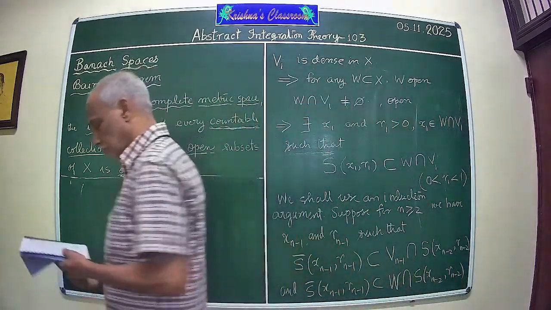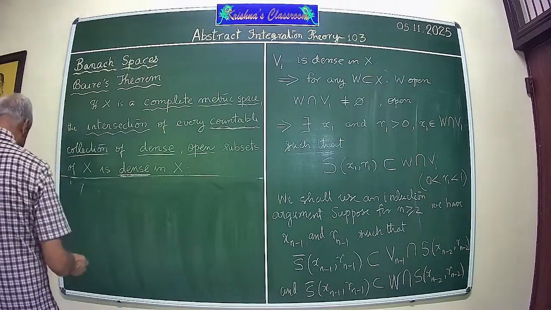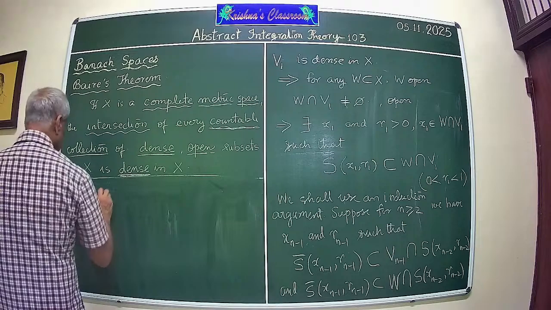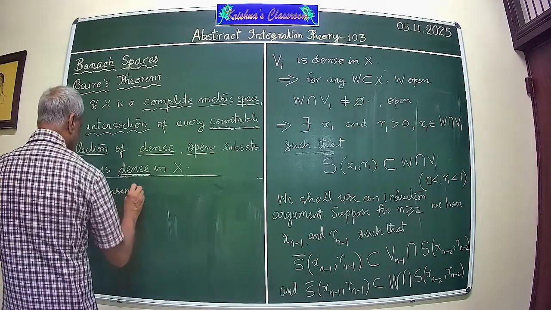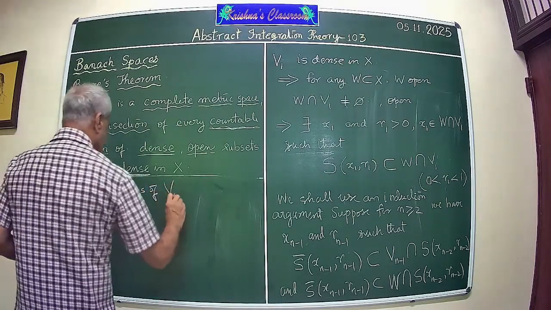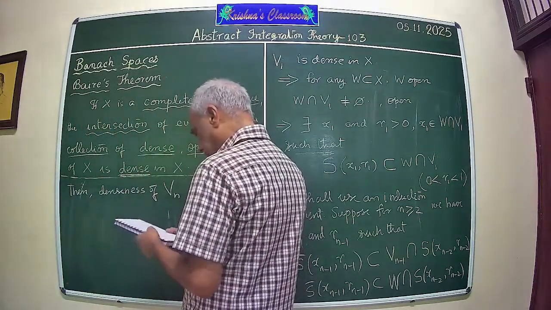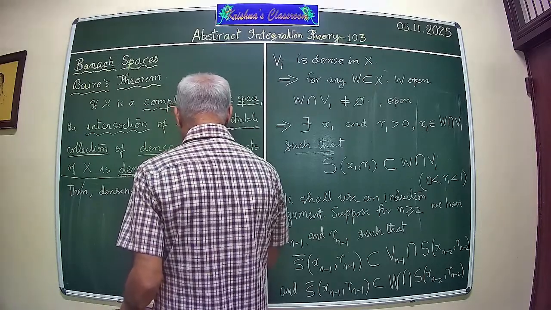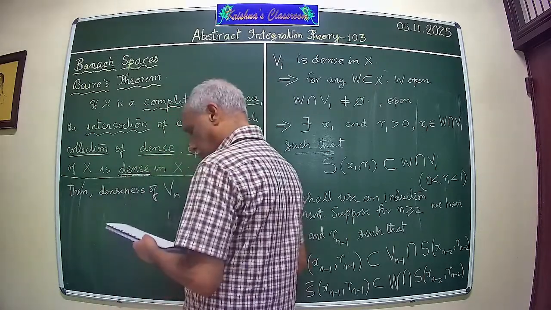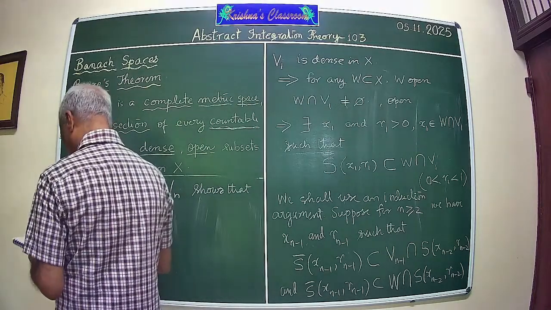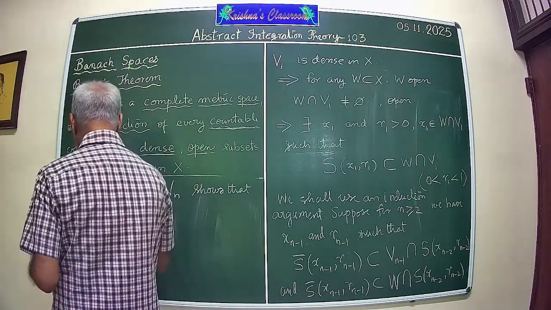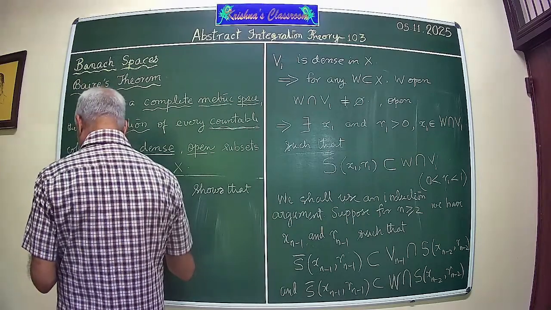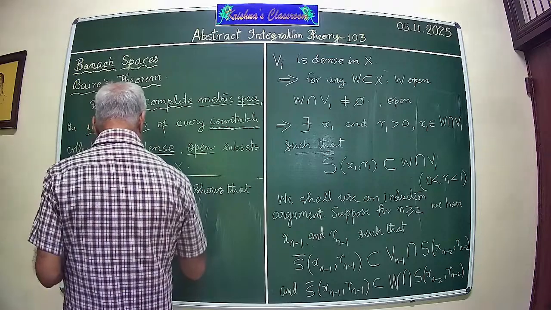Then we have denseness of Vn. Denseness of Vn shows that Vn intersection S(x(n-1), r(n-1)) is non-empty.